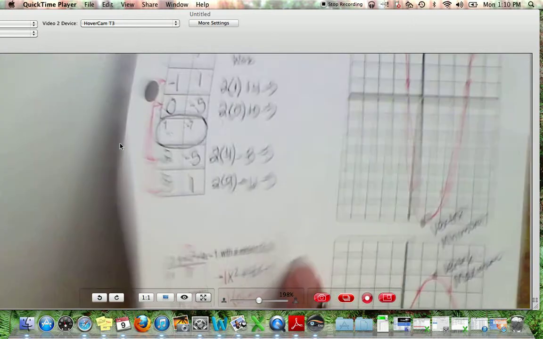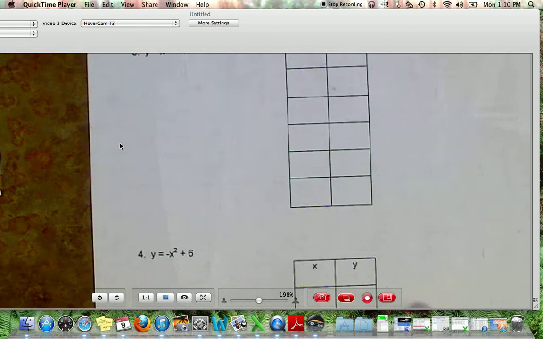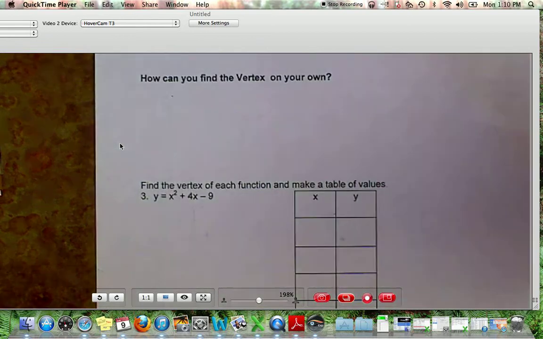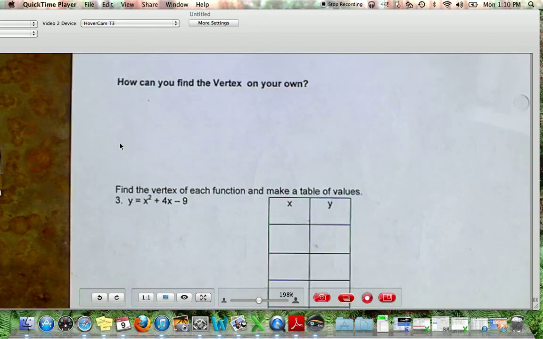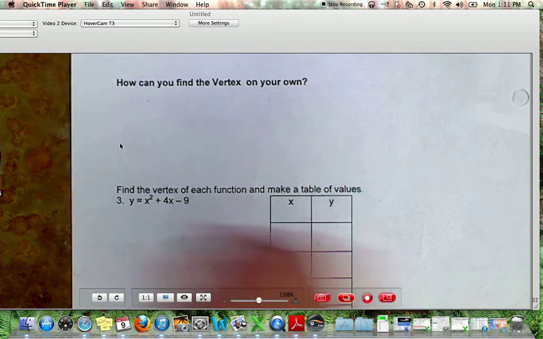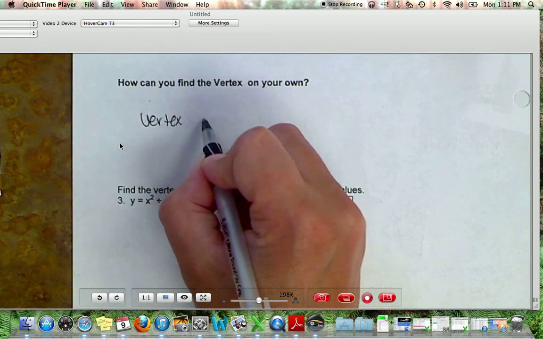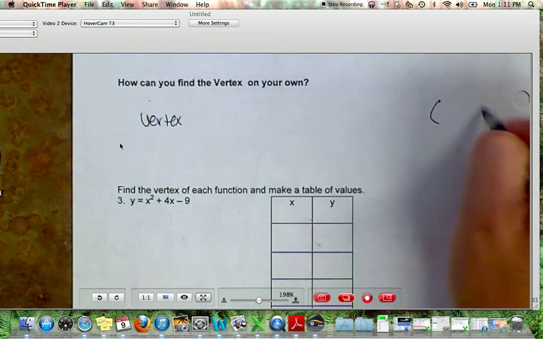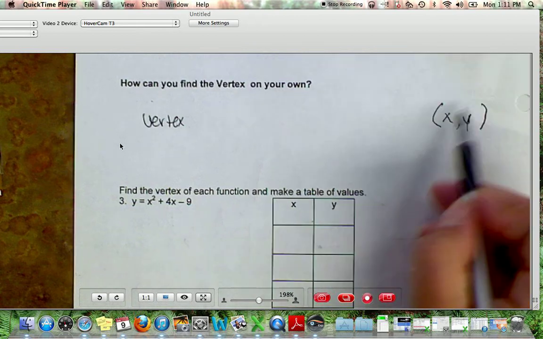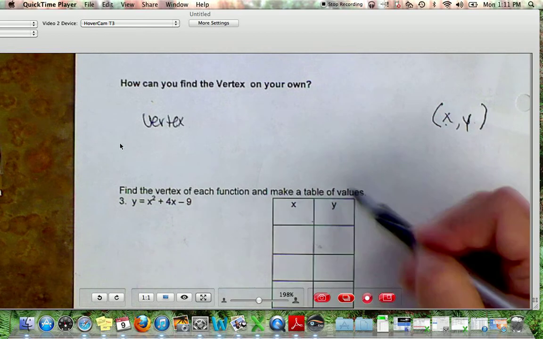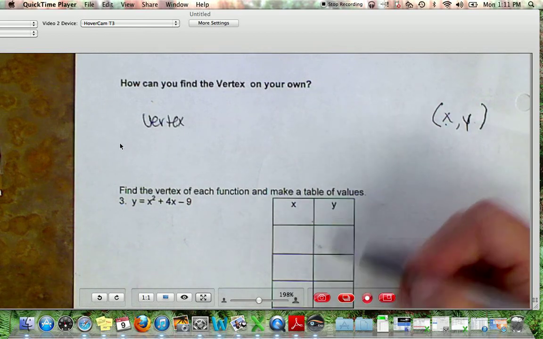Now the thing is that you are not going to know the vertex, so you need to know how to find the vertex on your own. So the vertex has a formula. The vertex, for the first part of it. Now remember, the vertex is a point with an x and a y, so we need to know how to find the x, and then we can find the y by plugging the x in like we did for all the table values on the front.